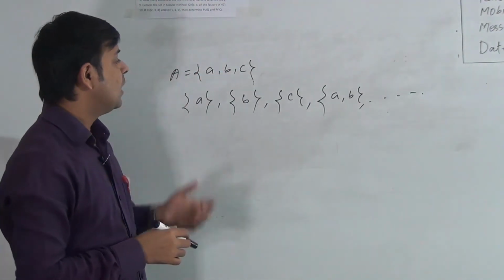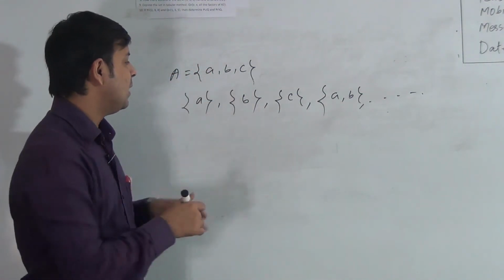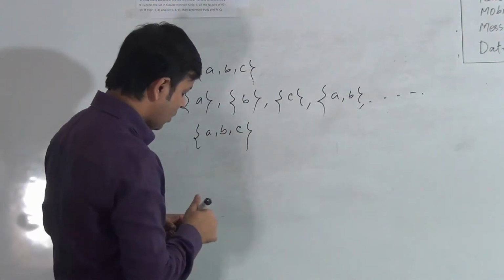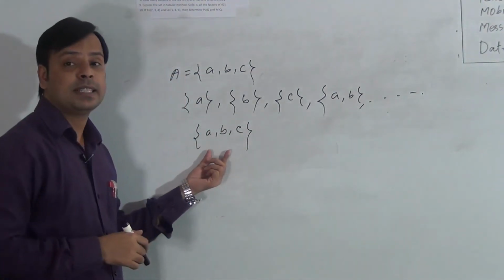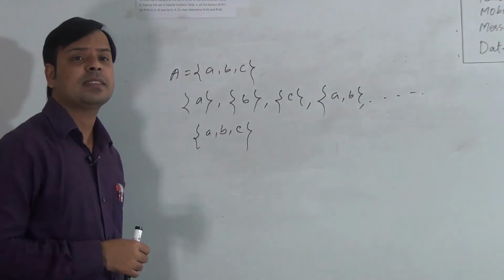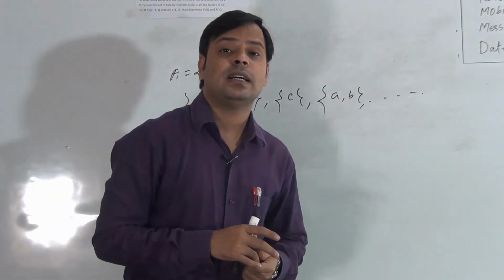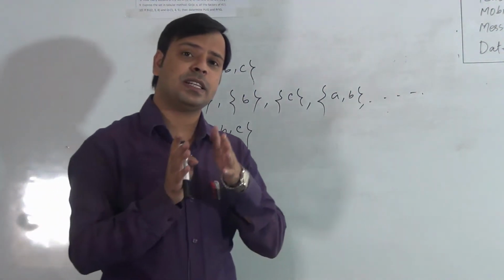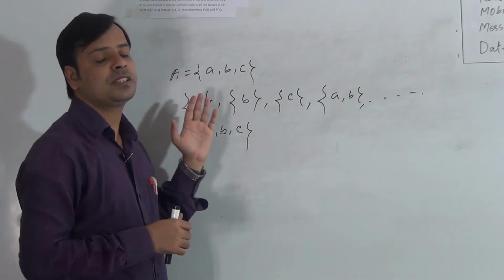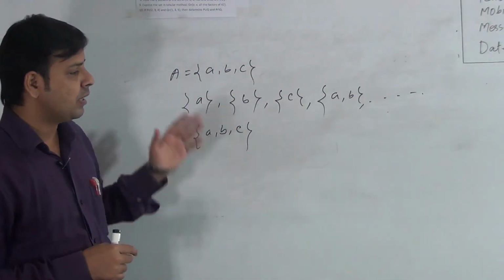Okay, dear students, you have to know that taking all the elements a, b, c, taking all the elements of a set, we can form another set. That set will also be a subset of the given set. It means that every set is a subset of itself. This is also a subset of A. And dear students, you need to remember another piece of information about sets.